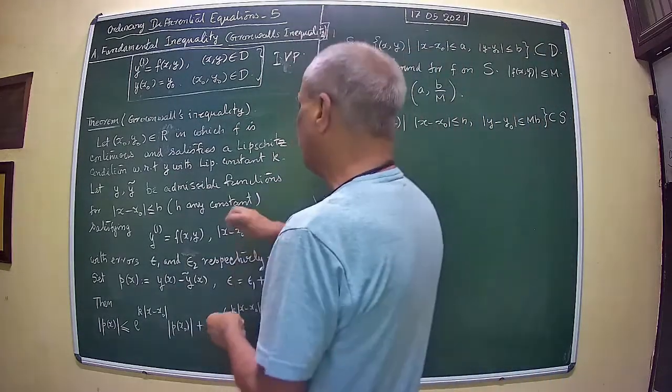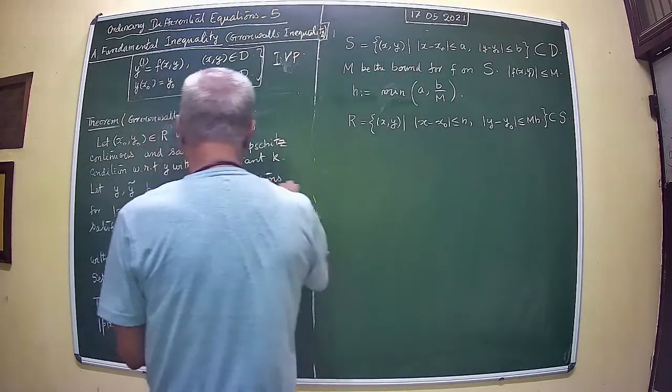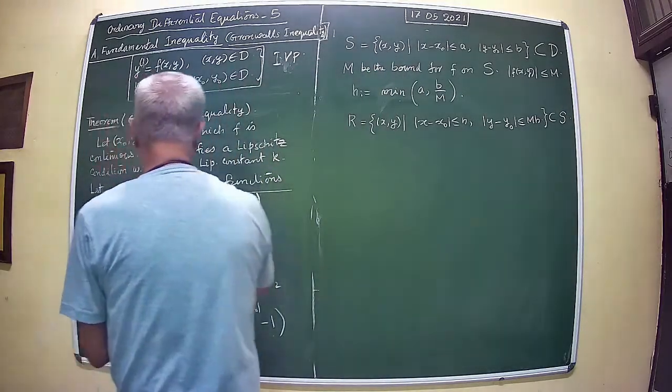Now we are taking two admissible functions for this.